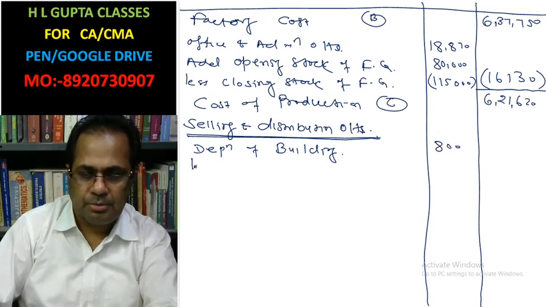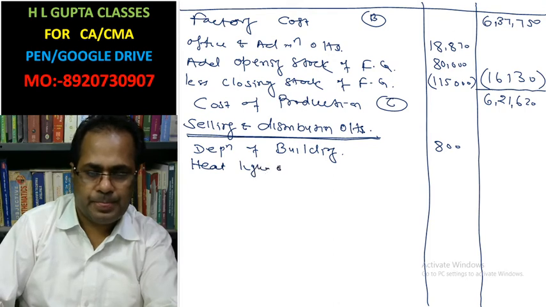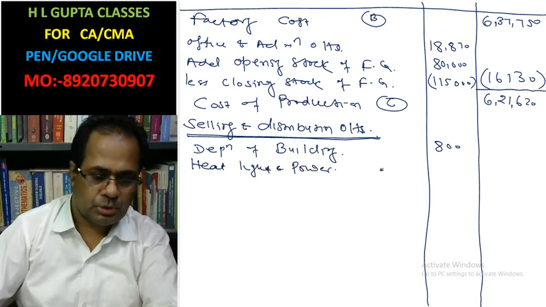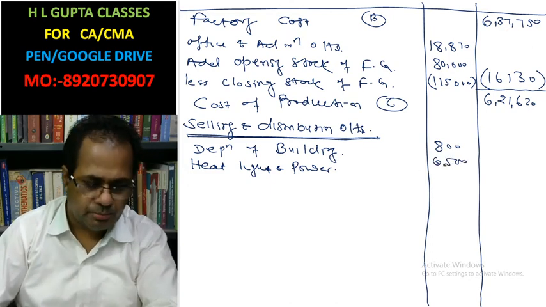Heat, light and power, this is already given, 6,500, we have calculated.